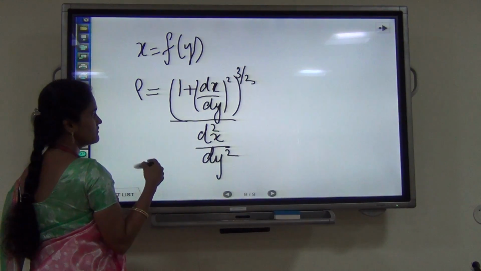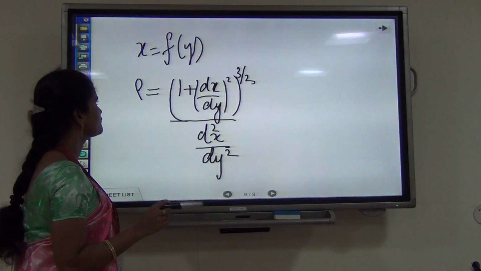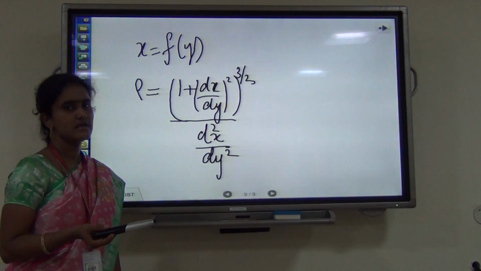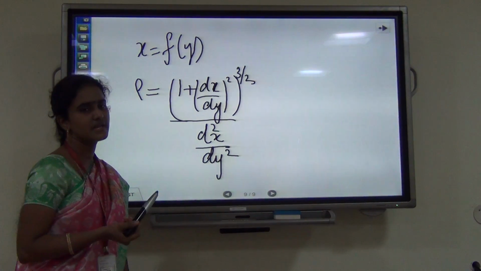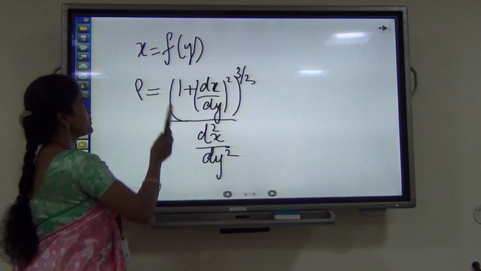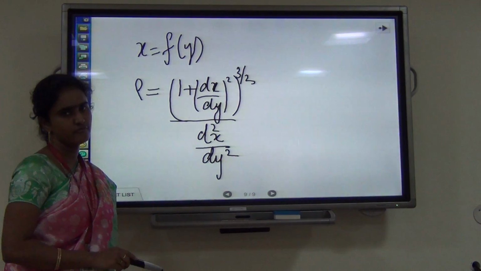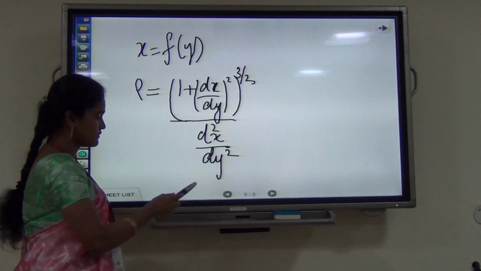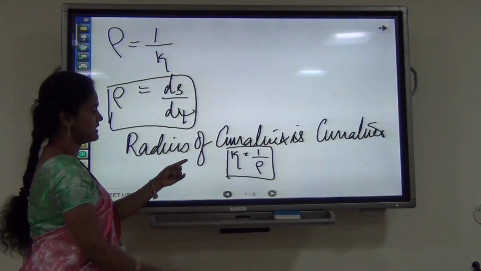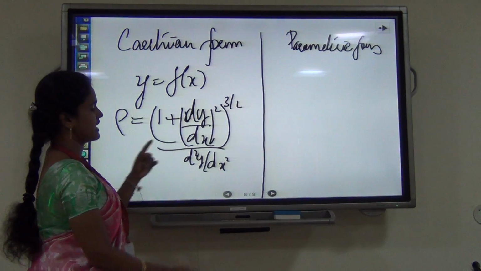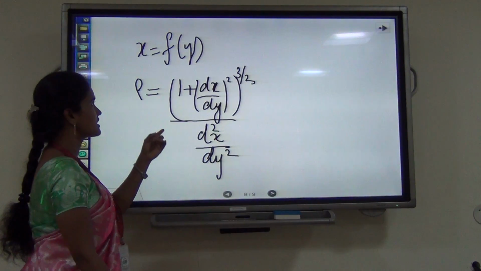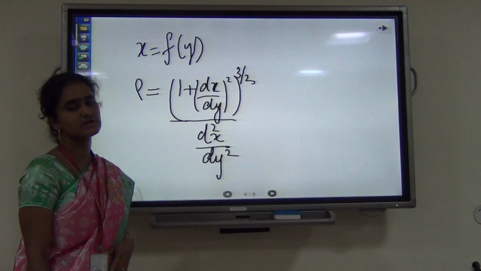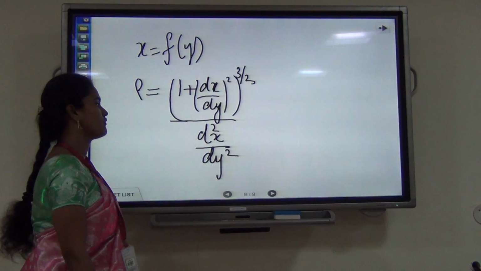So this formula we may use. Usually we go with the form y equal to f of x. If that fails, then we will take the radius of curvature in the form for the curve x is equal to f of y. If that radius of curvature formula fails, therefore we can use this particular formula by taking the Cartesian curve as x is equal to f of y.